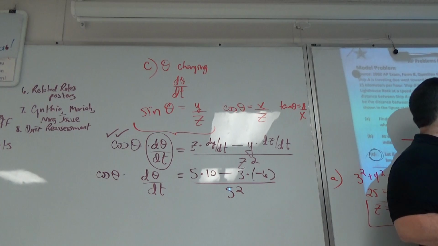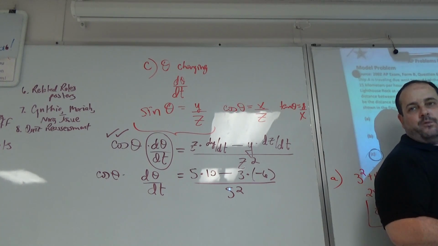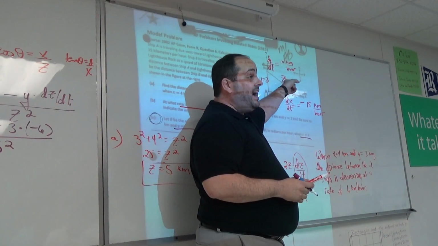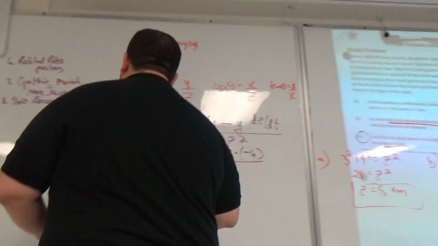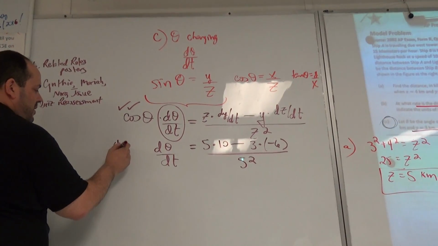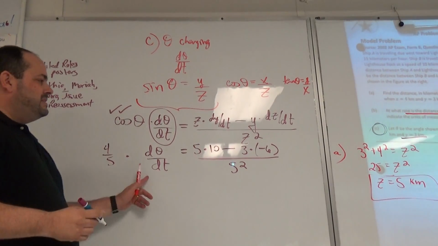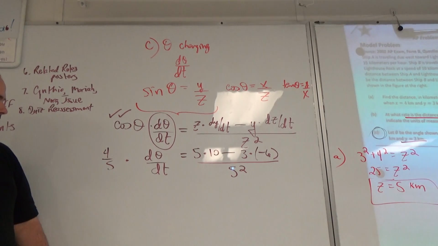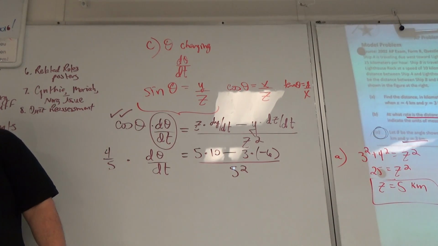At this moment in time, like the ship is frozen, 4 kilometers away. What's the hypotenuse? 5. So you're going to have on this side 4 over 5 times d theta dt equals this stuff over here. You want to get d theta dt, you're just going to divide both sides by 4/5.